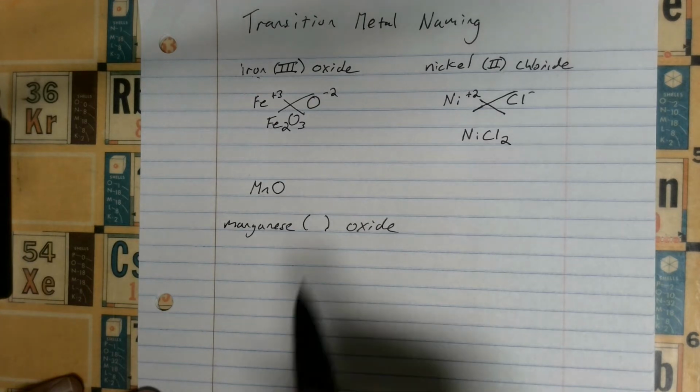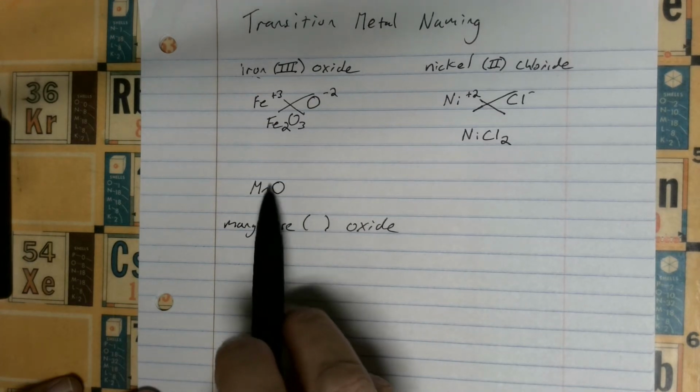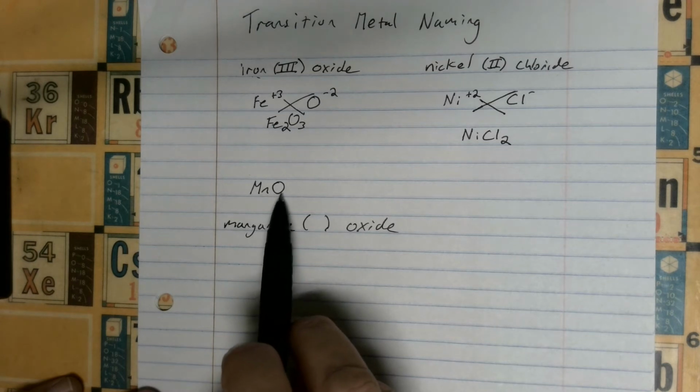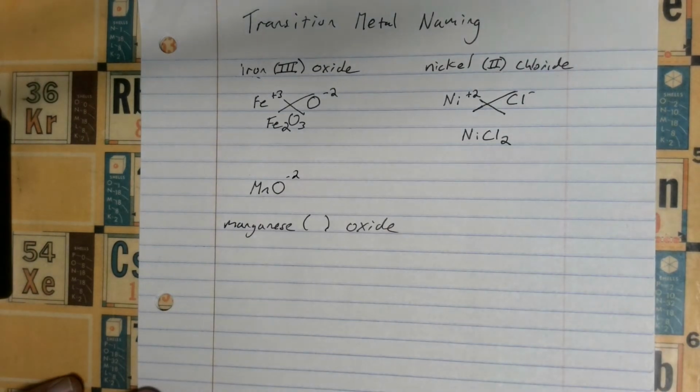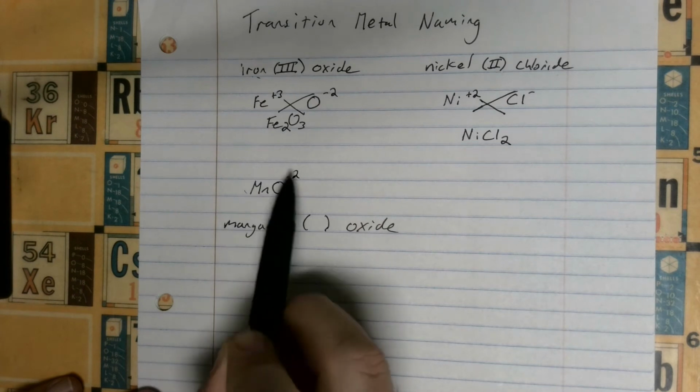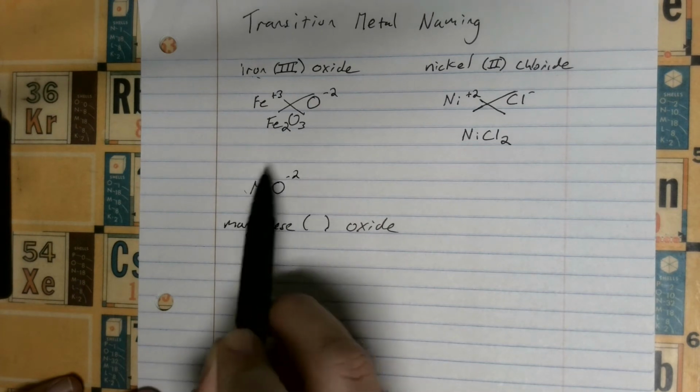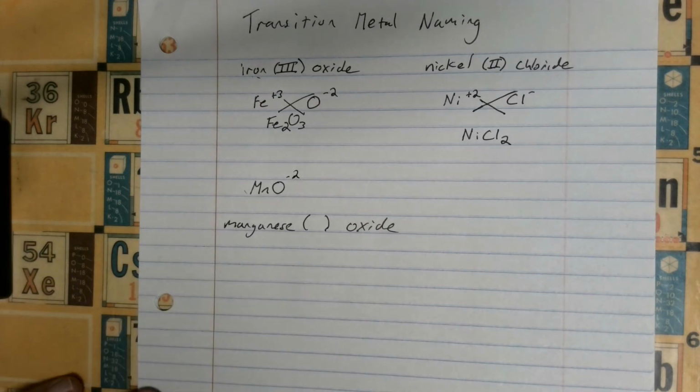I've got to use what I know to figure out what I don't know. In this case, I know oxygen's oxidation number is -2, because it's group 16. When I add up the positives and the negatives, it's going to equal 0 for the charge.